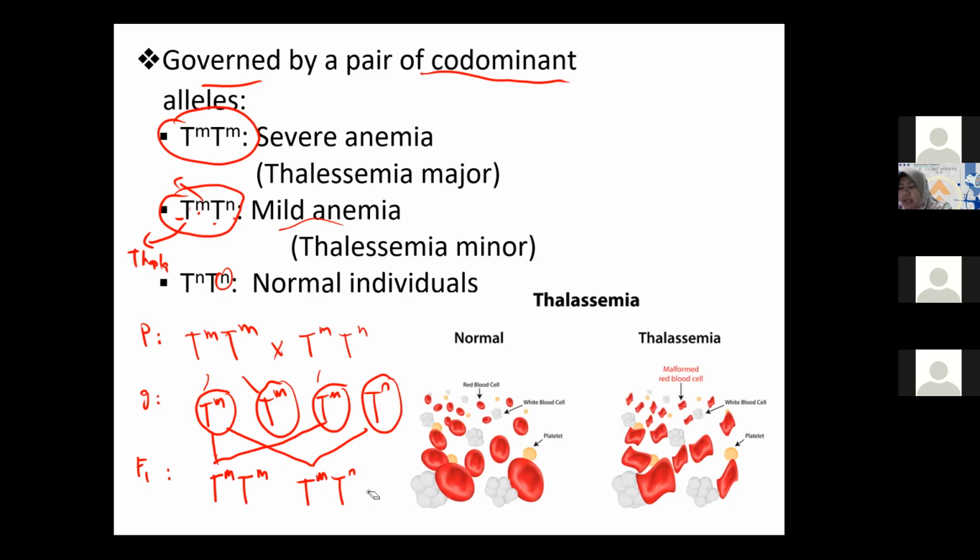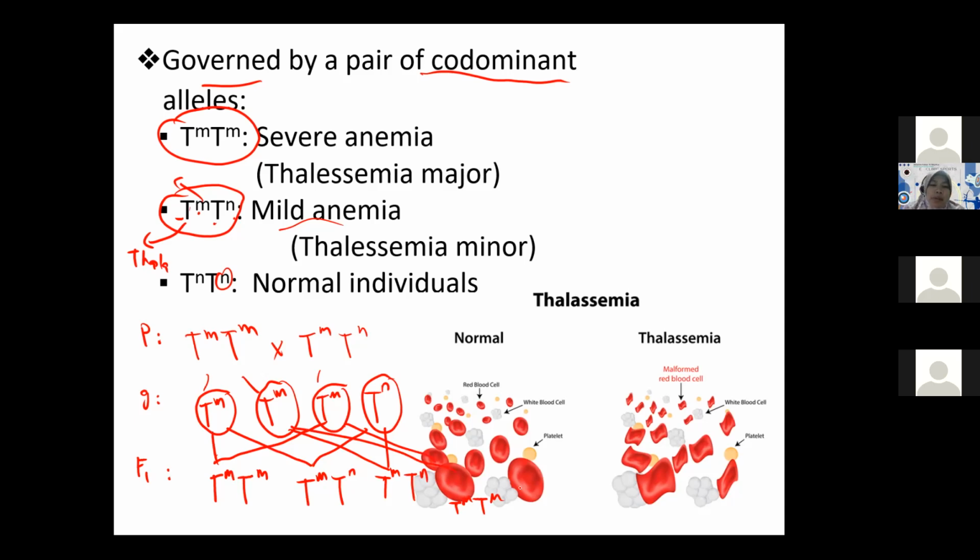We want to see the probability of the children to have thalassemia major. Okay, betul tak apa Mina buat tu?